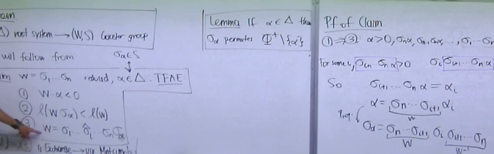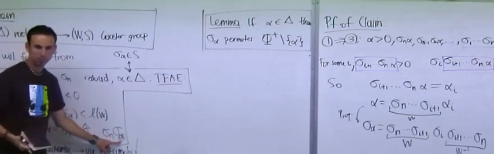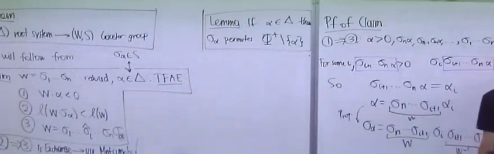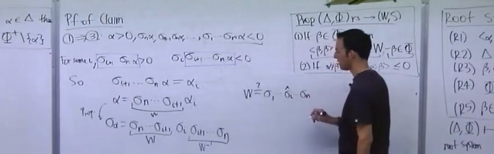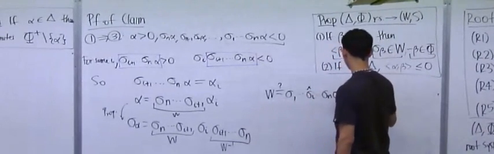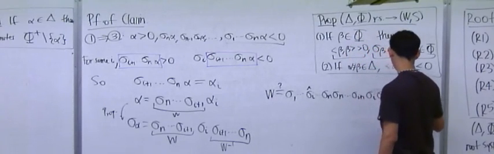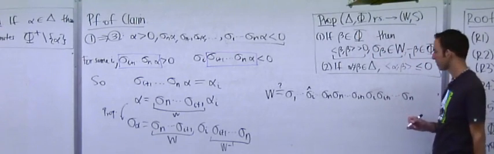And now I want to show that w is equal to this, but I know what w is, I know what these guys are, and now I have an expression for sigma alpha. So I need to check whether w is equal to sigma 1 up to sigma i up to sigma n, and then this thing, sigma n up to sigma i plus 1, then sigma i, and sigma i plus 1, up to sigma n. I need to check that this equality holds.